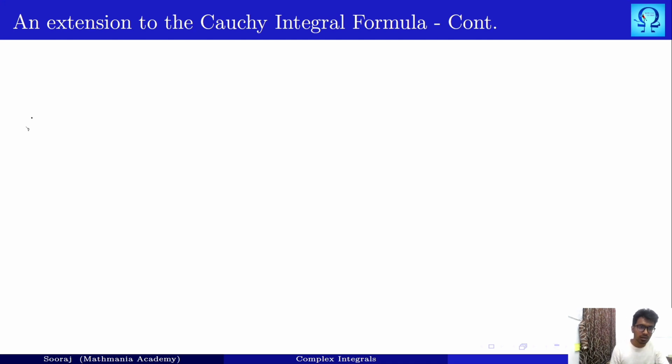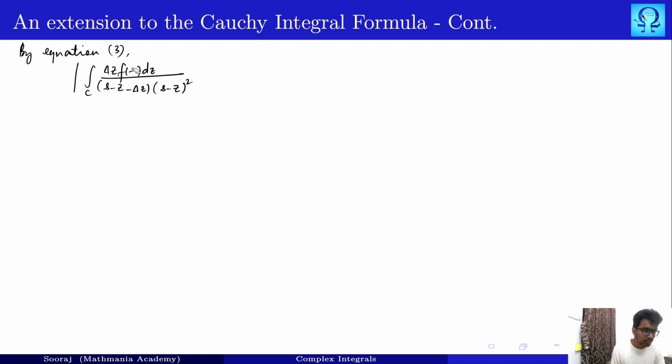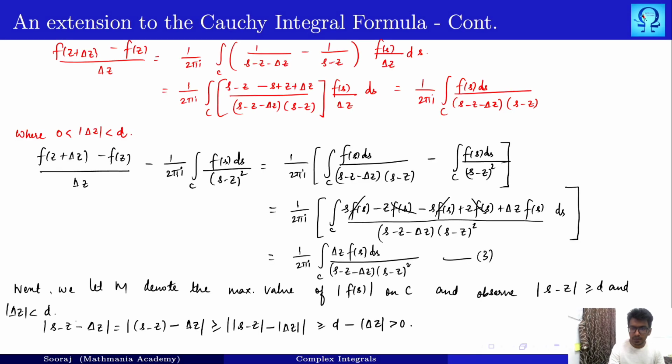So now using equation 3, by equation 3, absolute of integral over C delta z f of s ds upon (s minus z minus delta z) multiplied with (s minus z) squared. Just a minute. So we have f of s ds only, right? So did I write it right? Yeah.